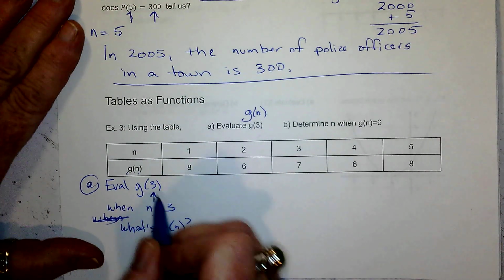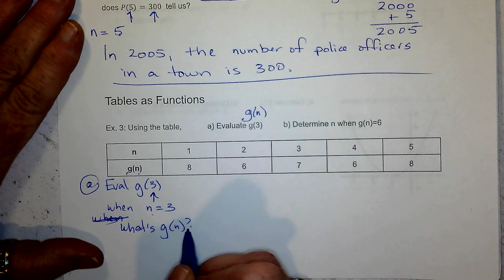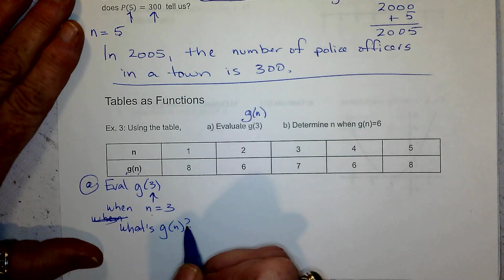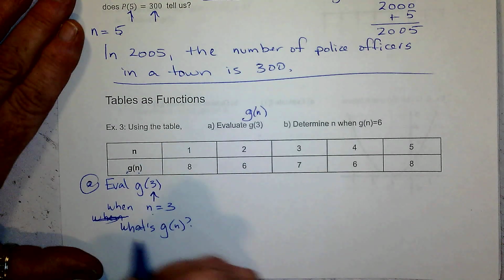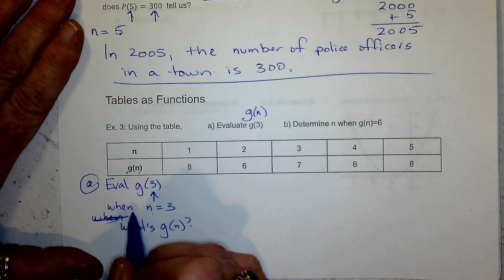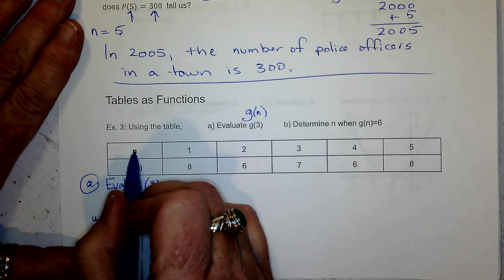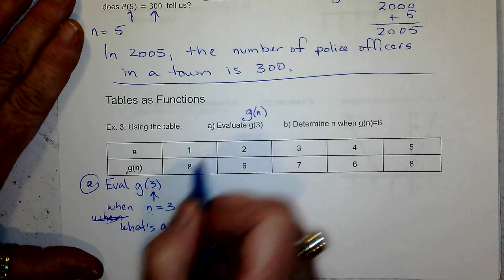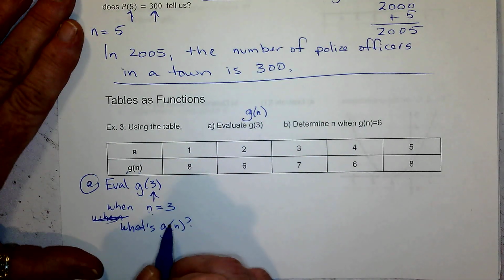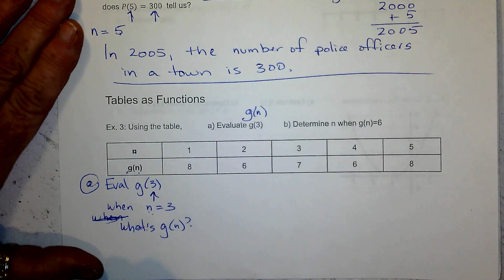When n is equal to 3, what's G of n? Now, the letters are going to change, the numbers are going to change, but this is the concept. You're going to want to say when whatever the value is for the variable is equal to what's inside the parenthesis, what is the function itself?